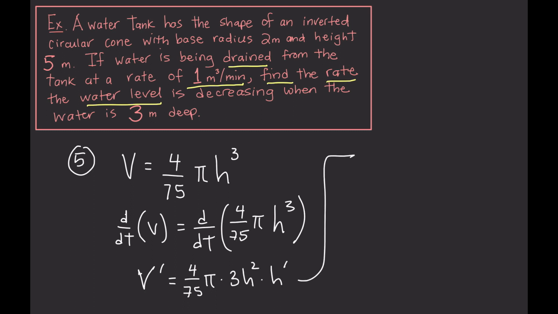So my derivative in this case is 12/75 pi times H squared times H prime, and that's equal to V prime. And we're looking for H prime.